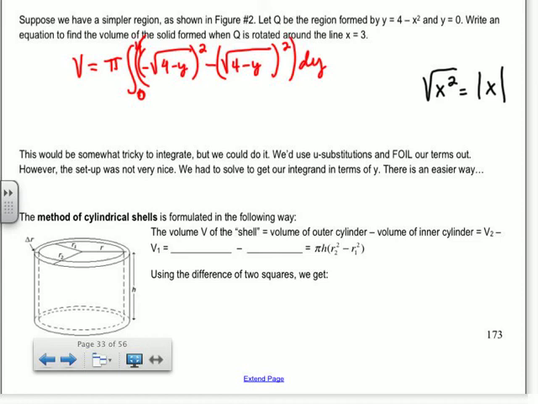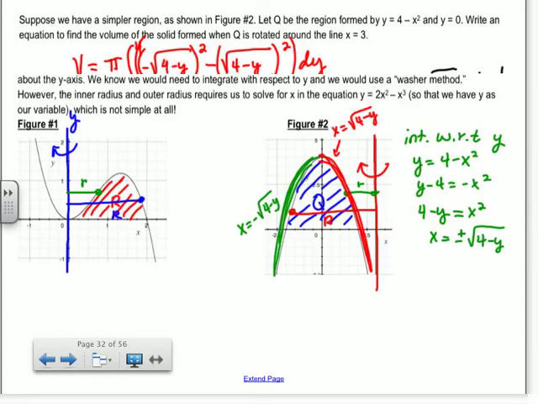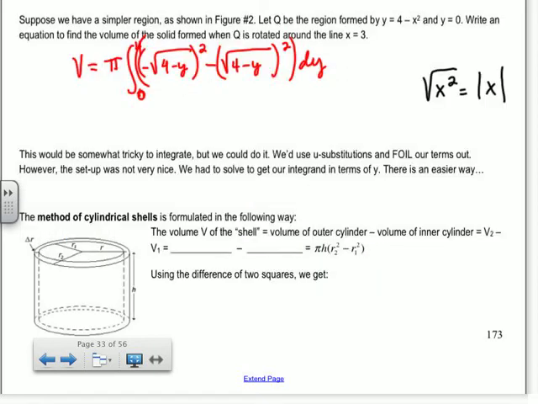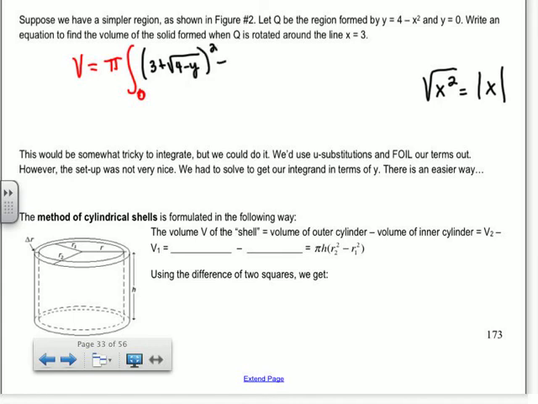Oh, guys, I made a very simple mistake. What did I leave out? I'm not going around the y-axis. I'm going around x equals 3. So I need 3 minus each of those. It needs to be 3 minus, the outer radius was the negative, so plus square root of 4 minus y, squared, minus 3 minus the square root of 4 minus y, squared.